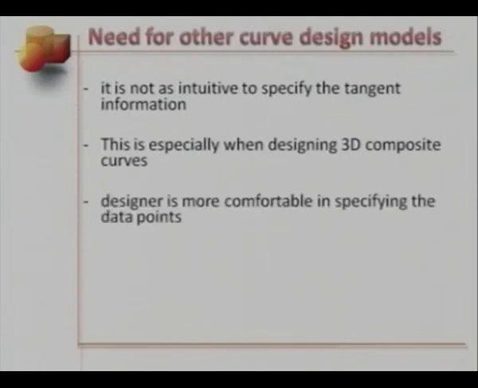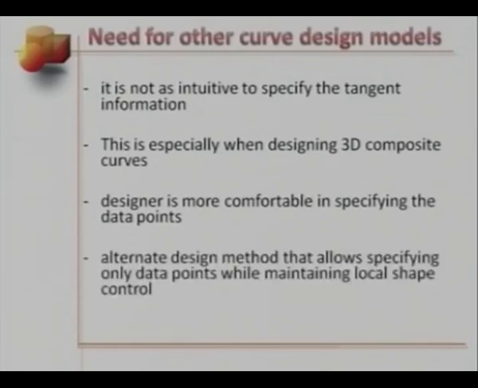Our designer is more comfortable in specifying the data points as opposed to higher order information like slope or curvature. We are looking for alternative curve design methods that allow to specify only design points or data points while maintaining local shape control.